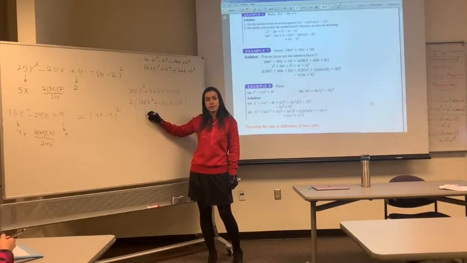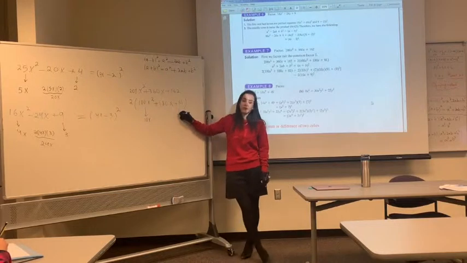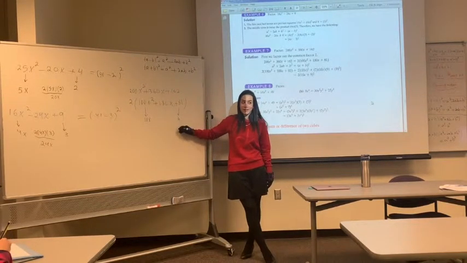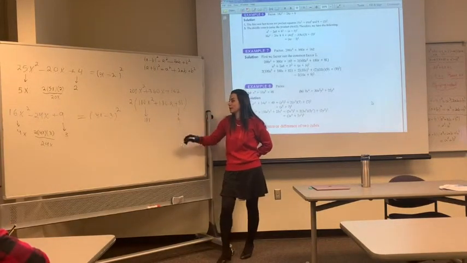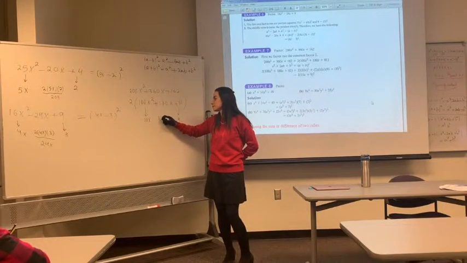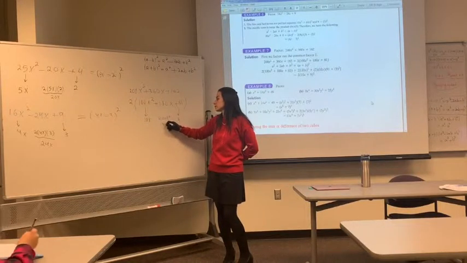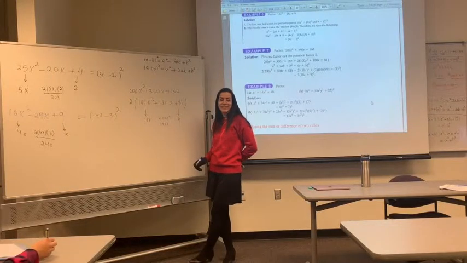x squared is a perfect square. 10x, this is also a perfect square, 9, right? So we should check the middle term: 2 times 10x multiplied by 9, which is 180x.